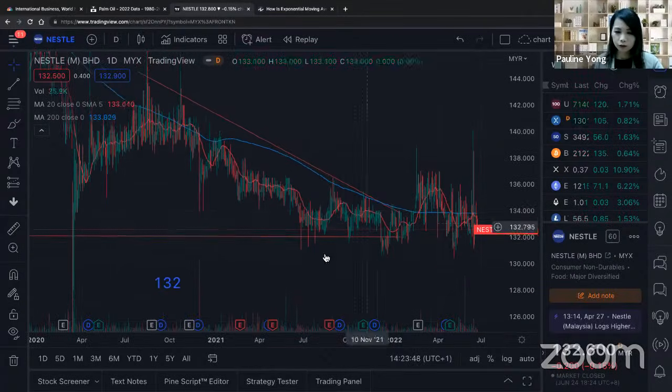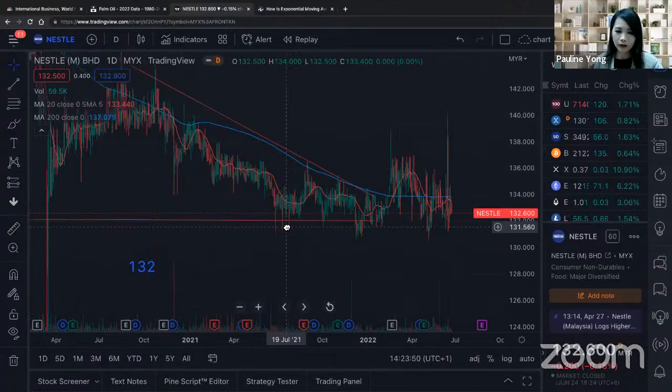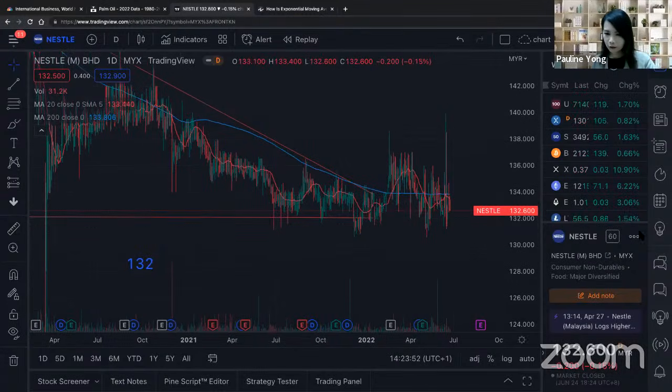Is it effective to use MACD if I have this chart? What do you think? Will it be effective? Yes or no? Why not? Okay, yeah, why not? Sideways, yeah, correct. Because it is a sideways chart.